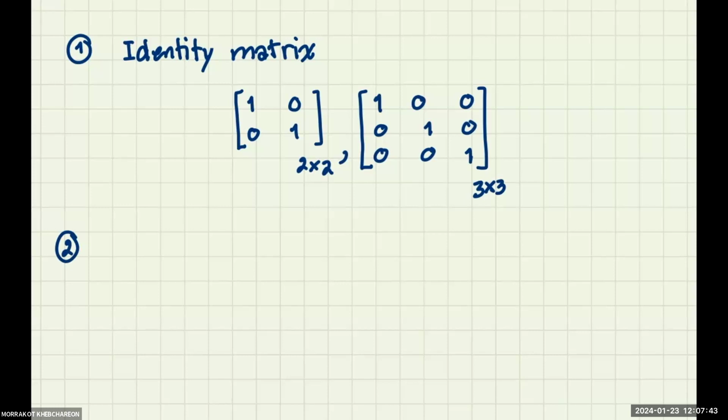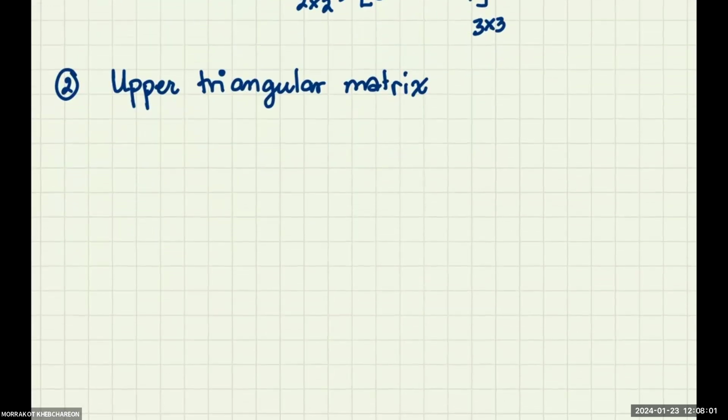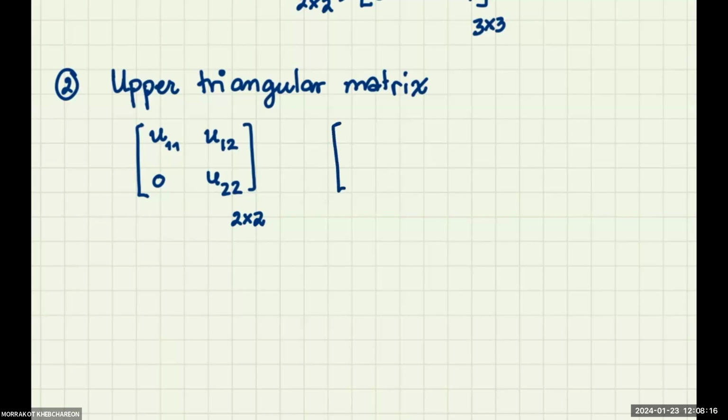Number two, I will introduce you to what we call the upper triangular matrix. For example, I will have, I call it U11, U12, for a two by two matrix. For example, you have 1, 2, 0, 3.